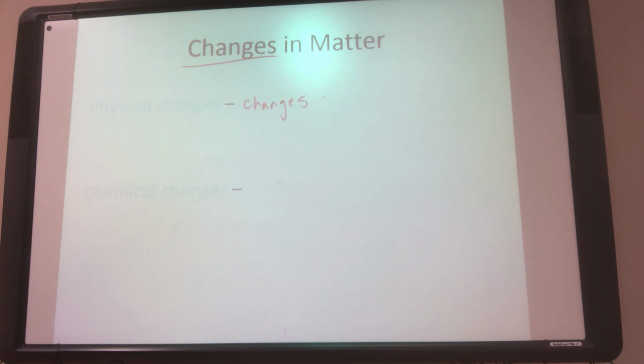Physical changes are changes that alter the state or appearance of the matter without altering the composition. Okay? So it's going to alter the state or appearance of the matter without altering the composition.